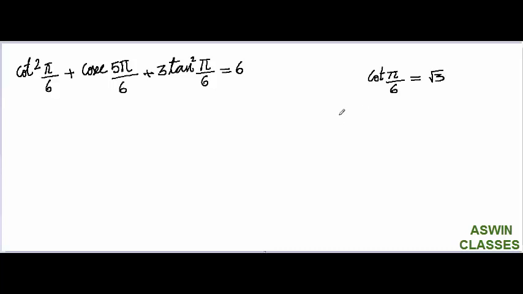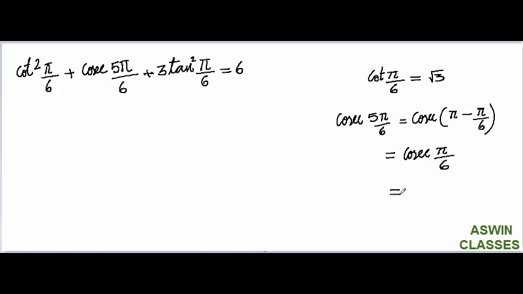And cosec 5 pi by 6 can be written as cosec of pi minus pi by 6, since pi minus pi by 6 is equal to 5 pi by 6. This is in the second quadrant. In the second quadrant, sine and cosec are positive. So you can write this as cosec pi by 6.